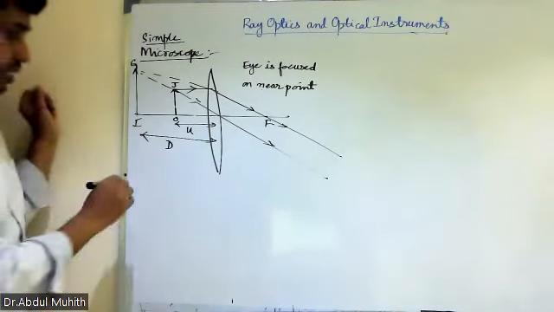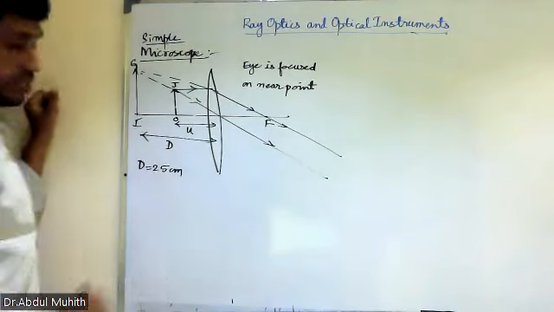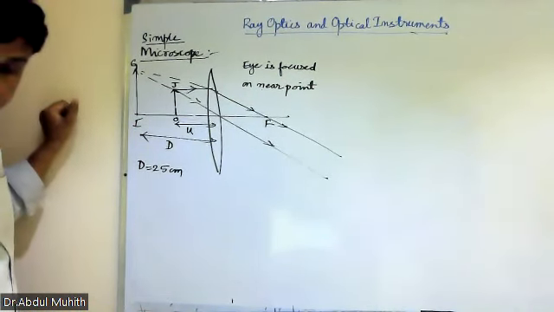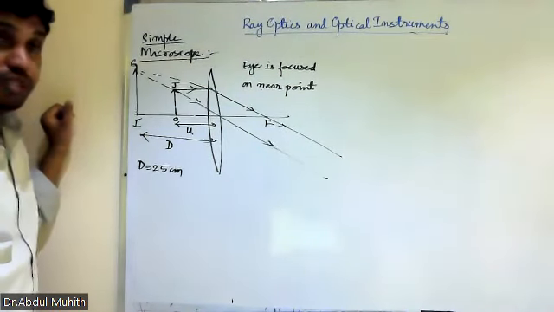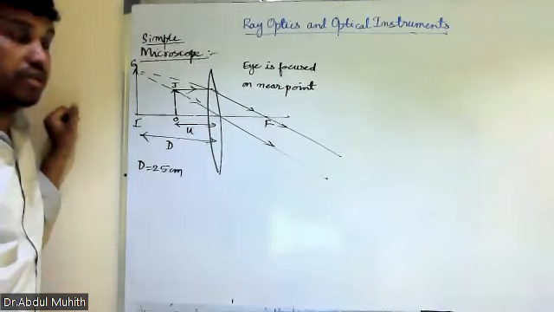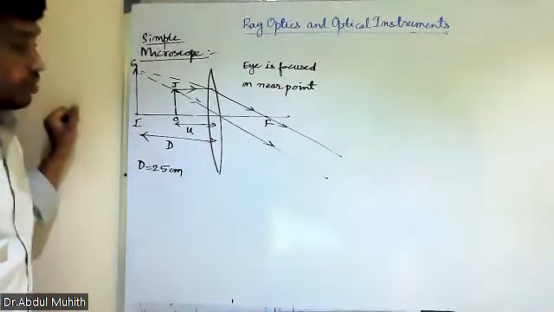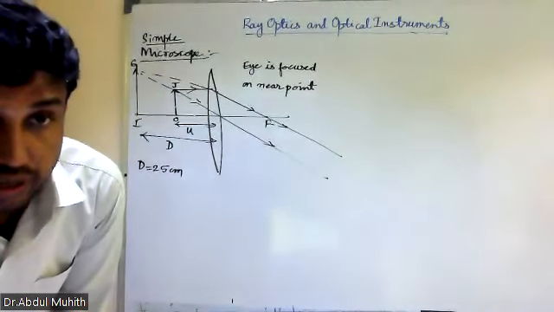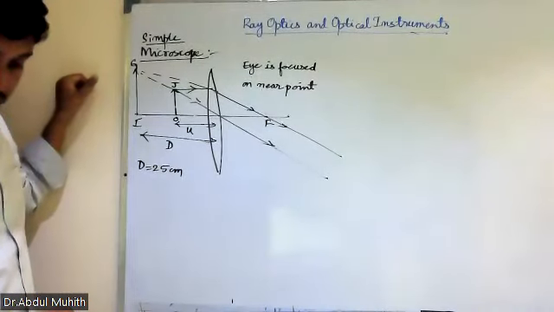D is equal to the least distance of distinct vision, that is 25 centimeters. What is the definition of least distance of distinct vision? The minimum distance from the eye to the object where the object is seen clearly. That is said to be the least distance of distinct vision. Now that is 25 centimeters.